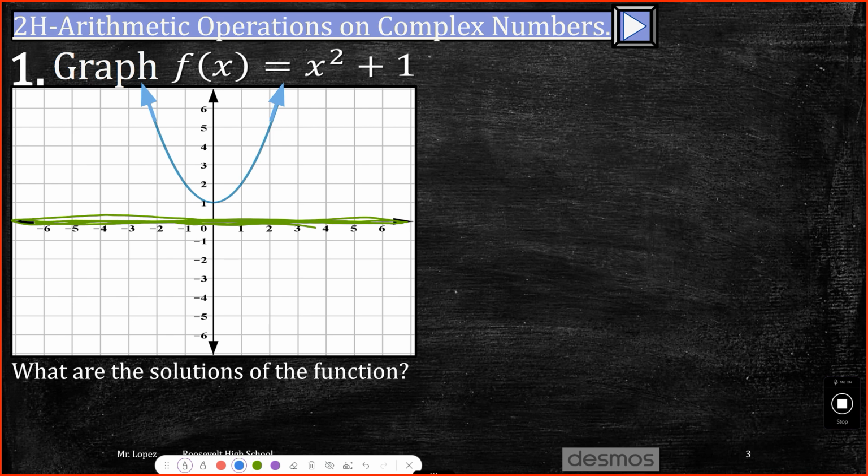So the lowest you'll ever get is right here, and then it's just going to go up forever. So that parabola will never cross that green line here. So it has no real solutions. That's why we call it no real solutions.